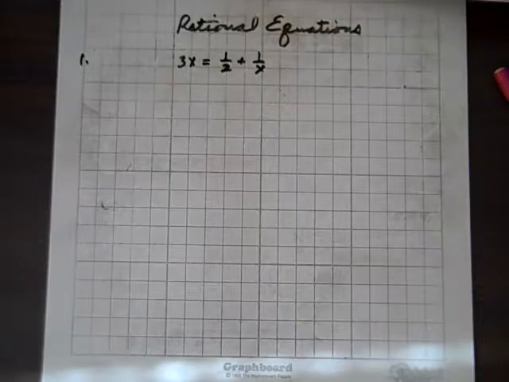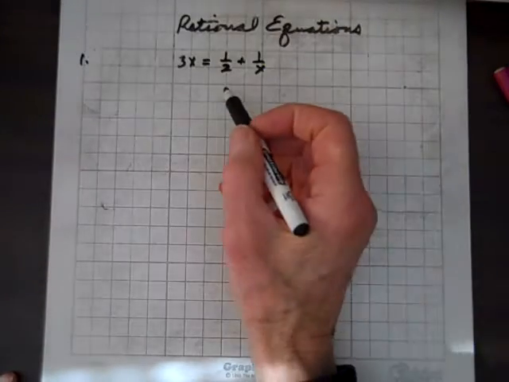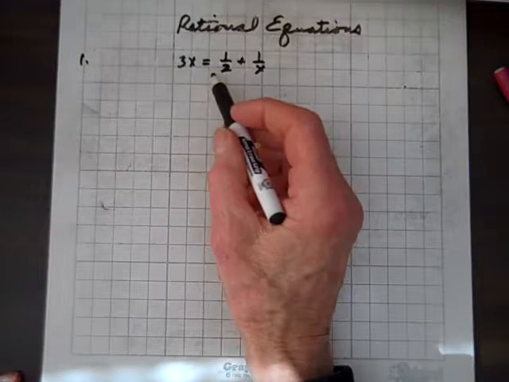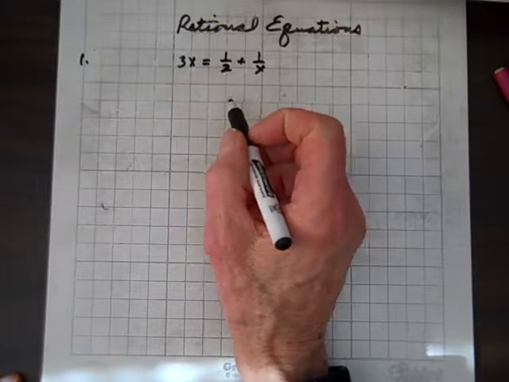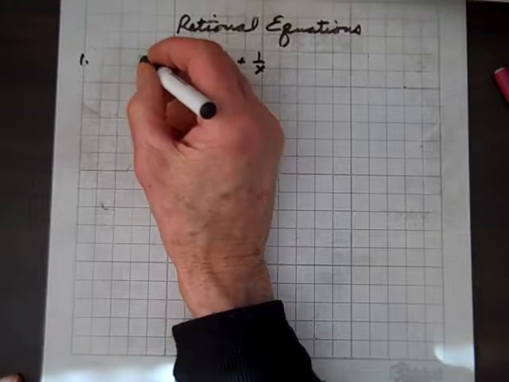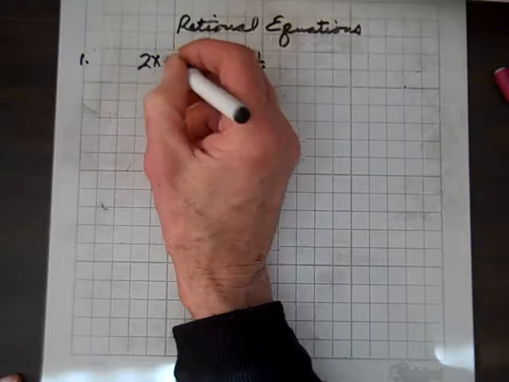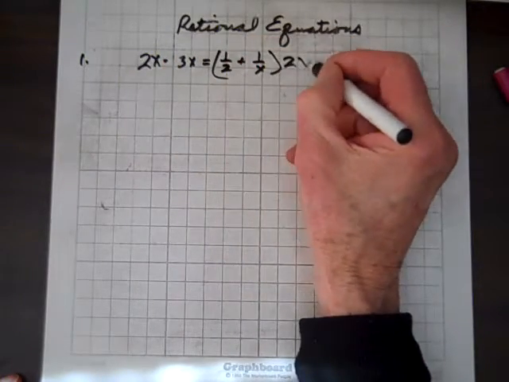Okay, now we're going to solve rational equations. So our first step is to get rid of the denominator, so we'll multiply through by the common denominator, which is 2x. So we'll multiply both sides by 2x.